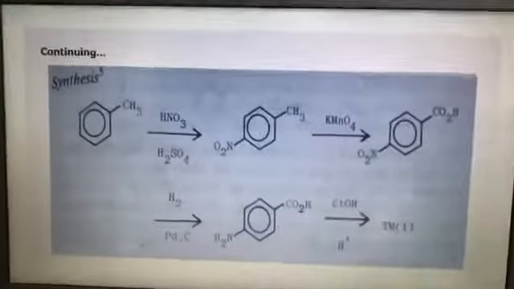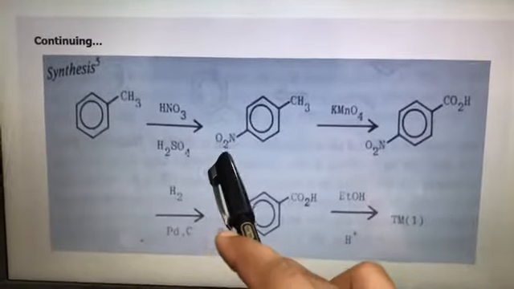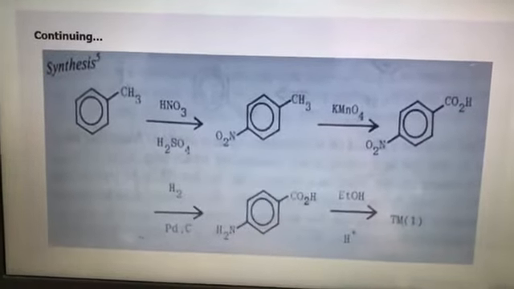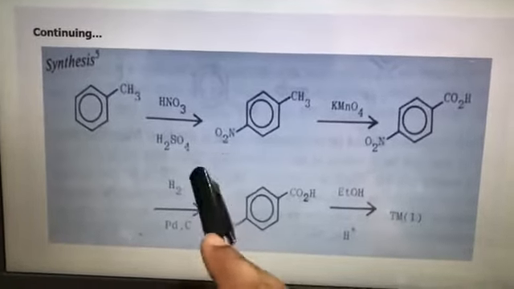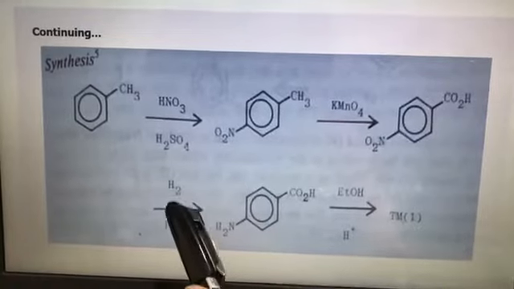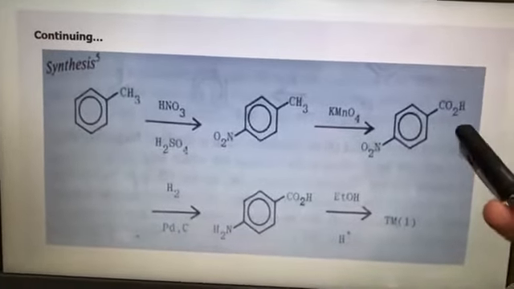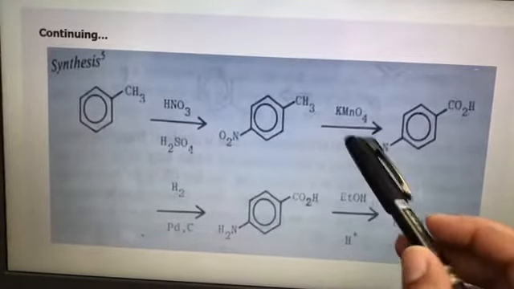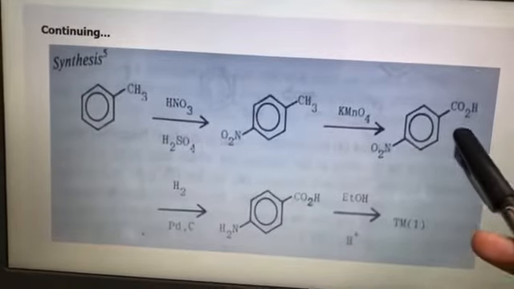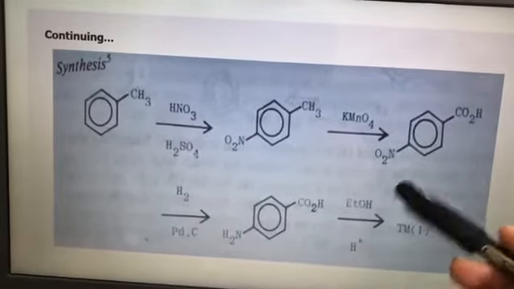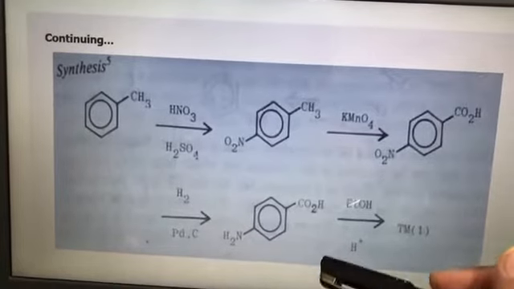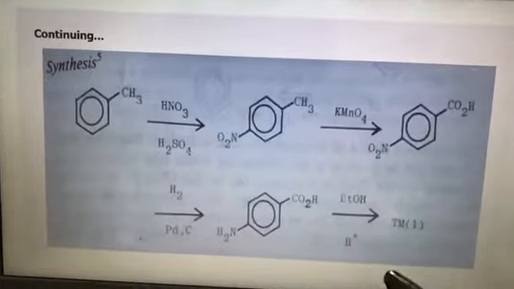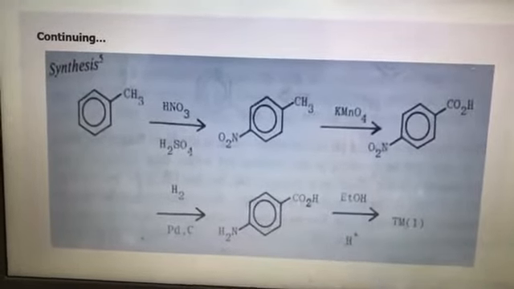So toluene is easily available, and upon nitration it gives a para nitrated group, and its reduction can give us an amine, but then it will reduce the CH3 too. And we don't want that, so we first oxidize it into COOH, then we reduce it into NH2. Then we use EtOH to form our target molecule.